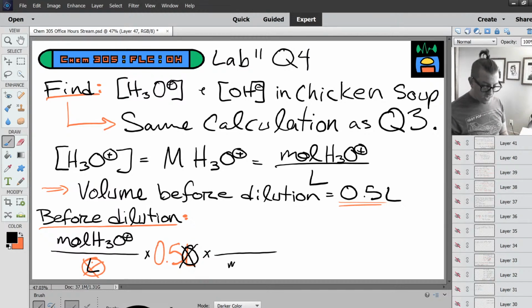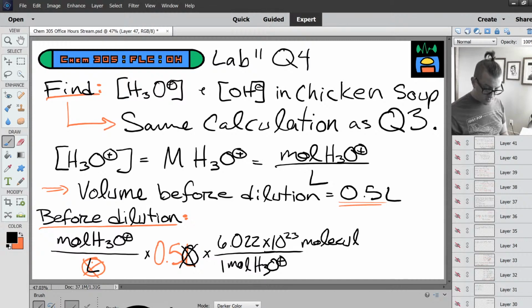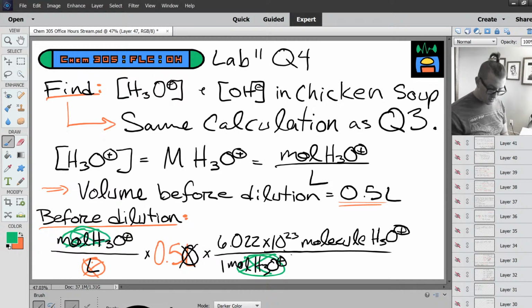So you use Avogadro's number, because you know 1 mole of hydronium ions has 6.022 times 10 to the 23rd molecules of hydronium in them. So then your moles of hydronium cancel and you're left with molecules.